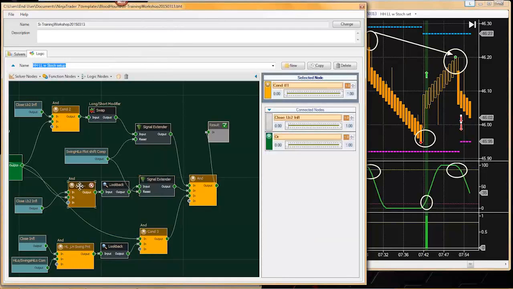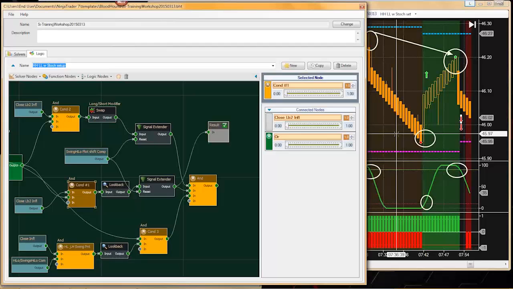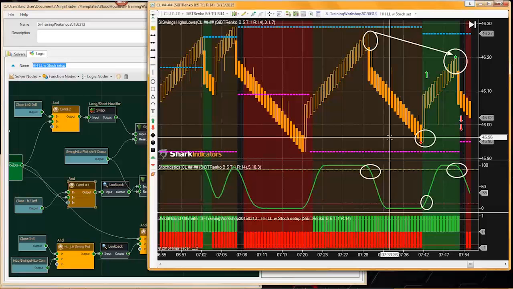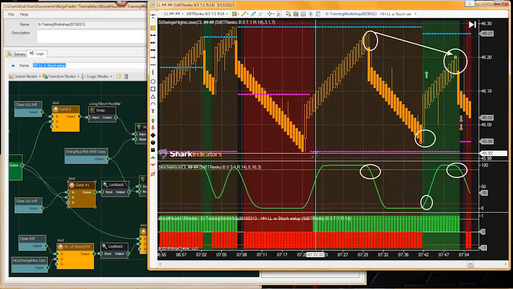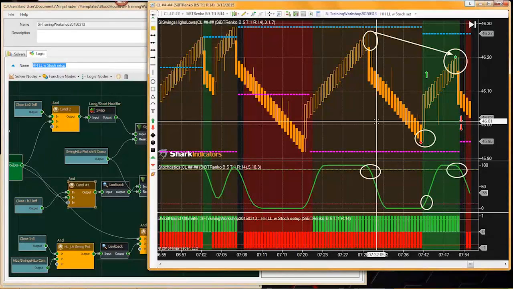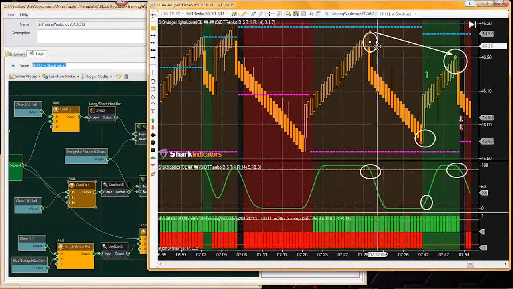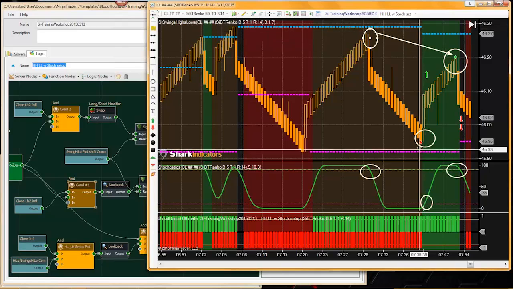I'm going to take a look at condition 1 first. So let's take a look at the signal extender. Yeah, so this is condition 1, and our signal extender got turned off.